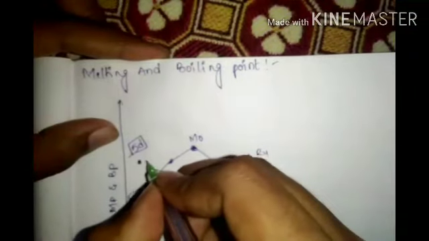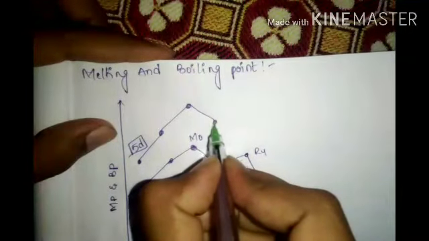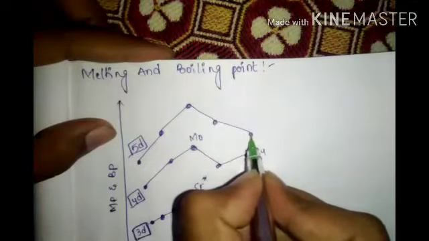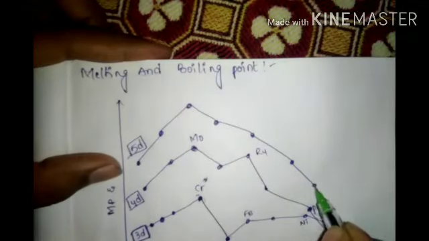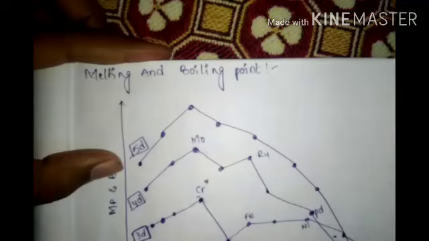Hafnium, tantalum, wolfram, rhenium, osmium, iridium, platinum, gold, Au.